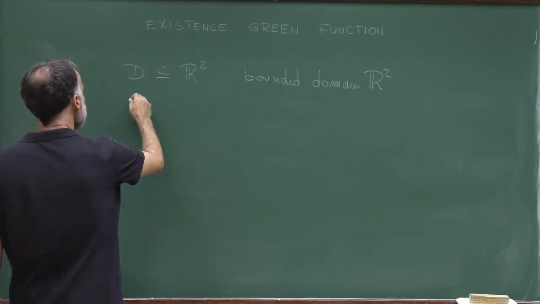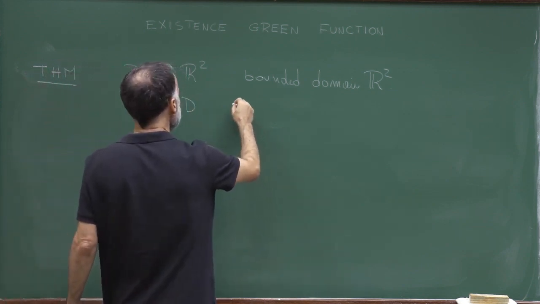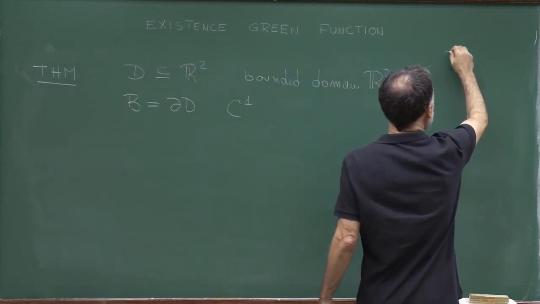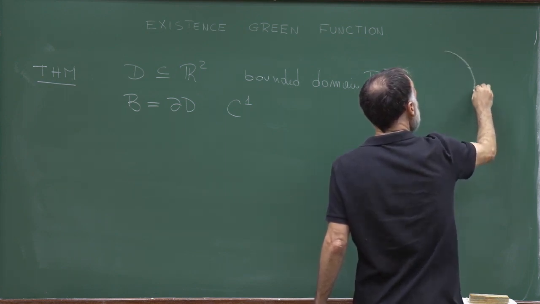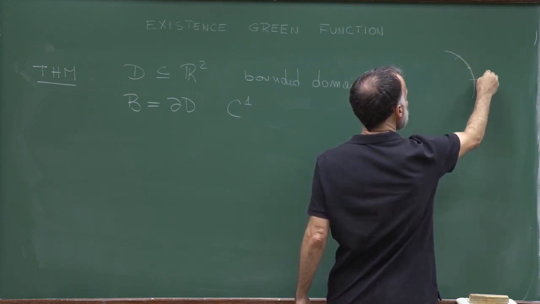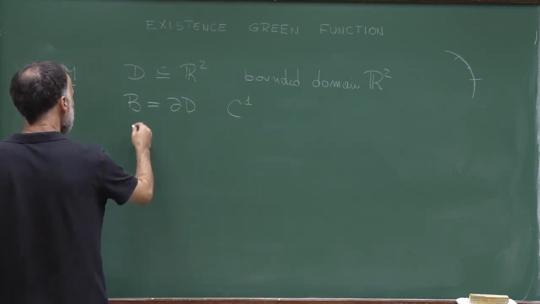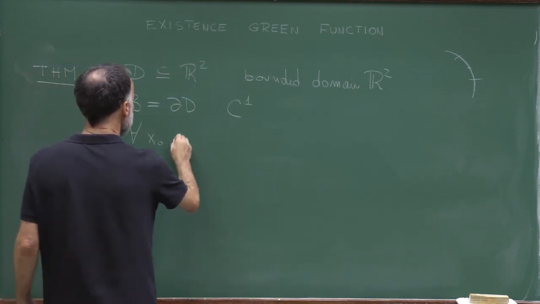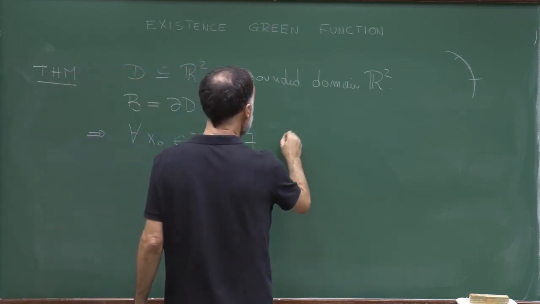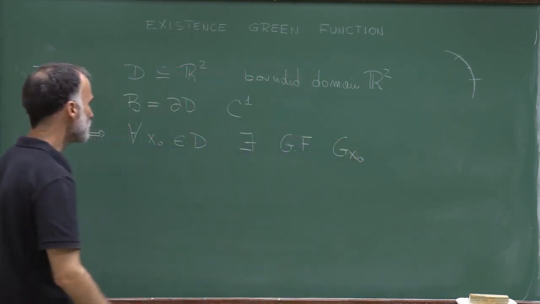And let's assume that the boundary, and let me call B the boundary of this domain, is smooth, so it's C1, which means that at any point of the boundary, the boundary can be approximated in a region by a C1 function. And then what I claim is that for all x0 in D, there exists a Green function which I will represent by g_x0.